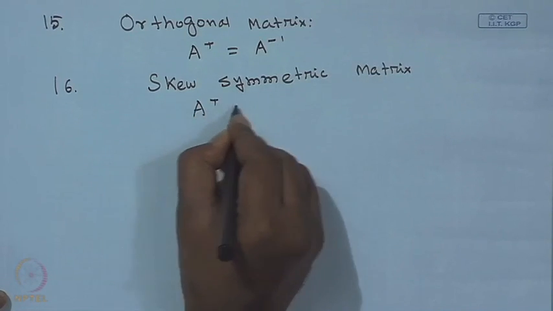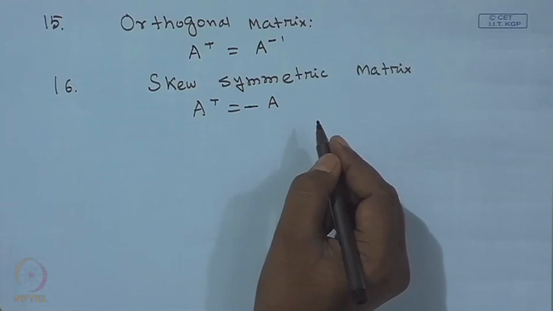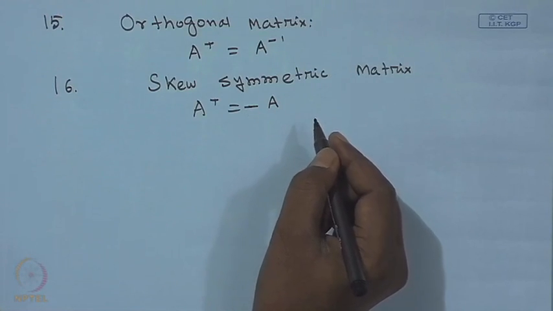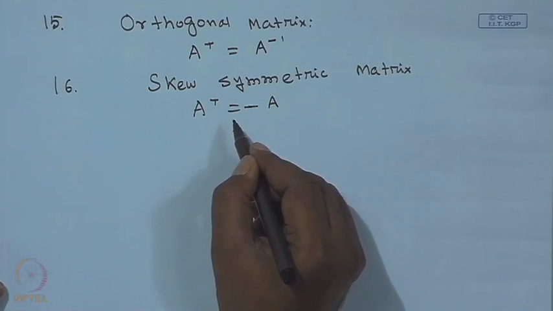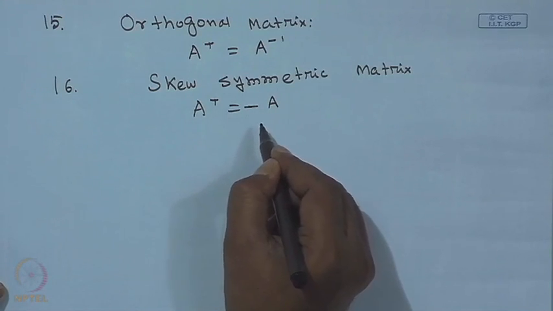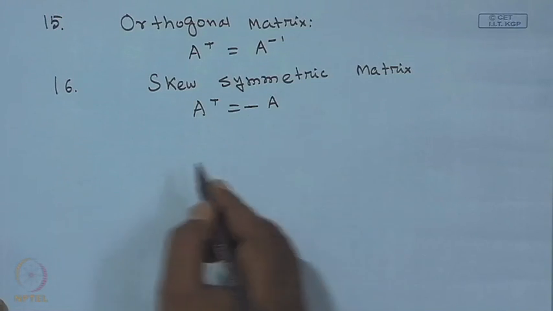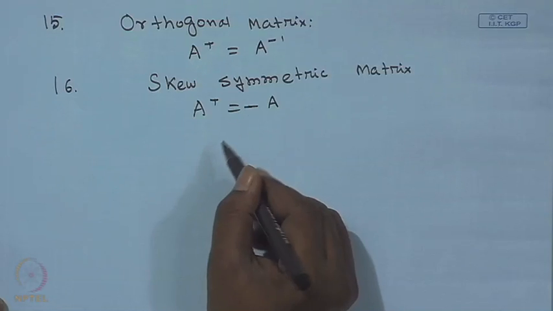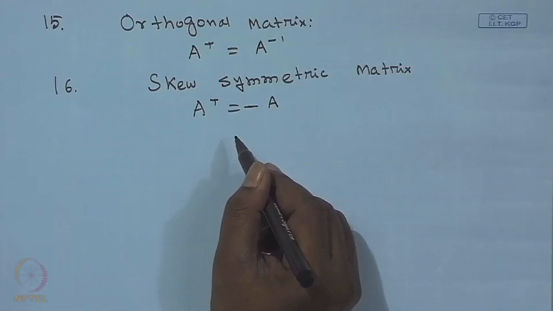If A transpose is equal to minus A, then it is a skew symmetric matrix. If you remember the definition of a symmetric matrix, A transpose is equal to A, and for the skew symmetric matrix, A transpose is equal to minus A. So, these are the basic definitions and properties of matrices and determinants.